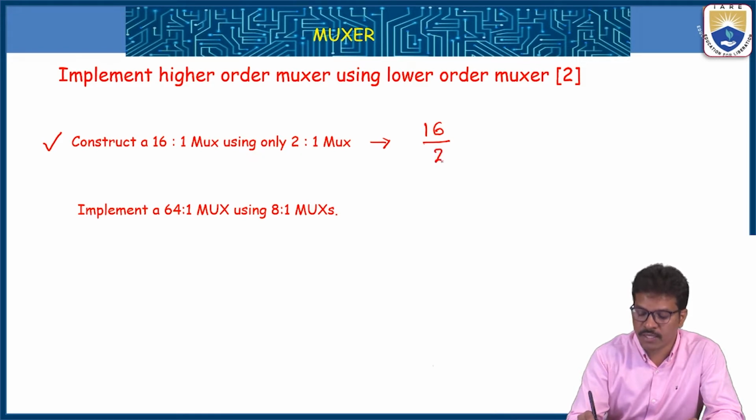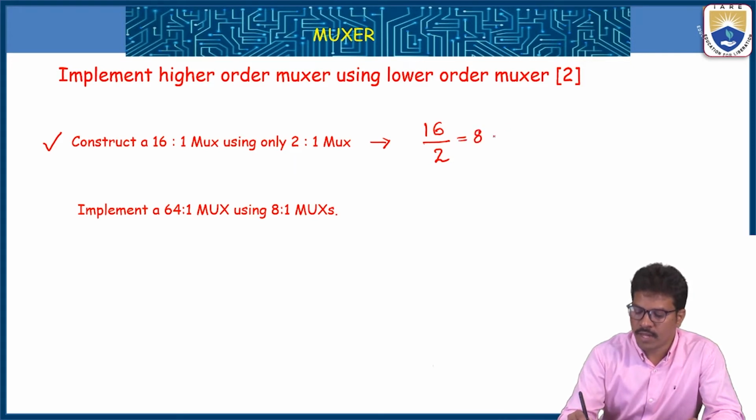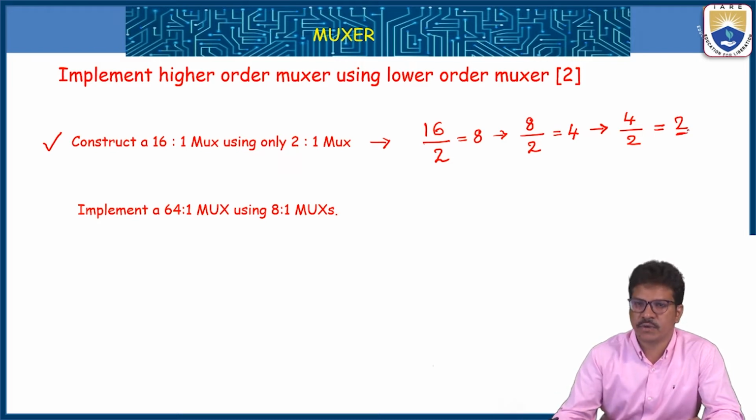If you divide by 2, you get 8, and then again 8 divided by 2 gives 4, and 4 divided by 2 gives 2. Dividing 2 by 2 gives 1, the minimum multiplexer which we need to implement. So we do successive division until we reach the minimum multiplexer, which is size 2 by 1.